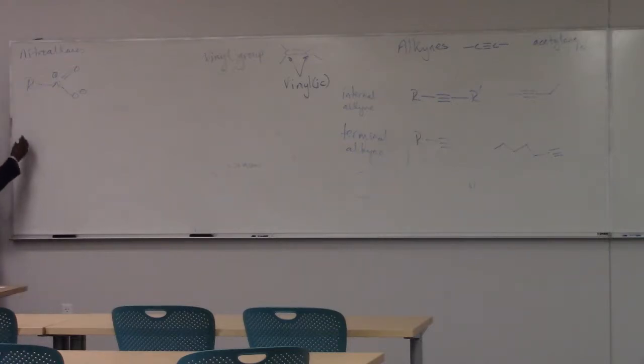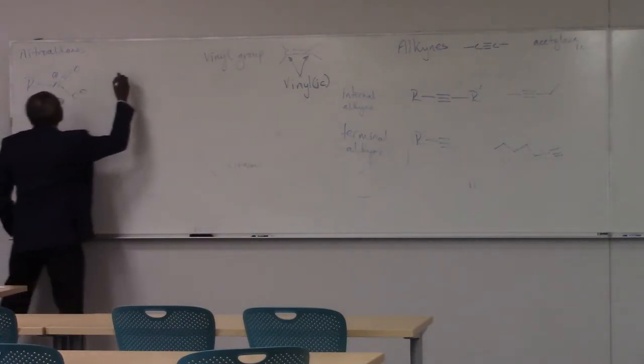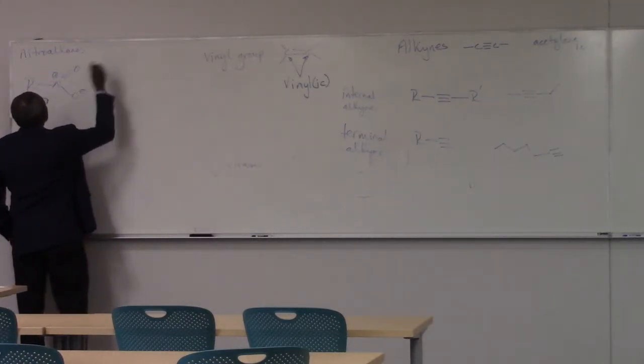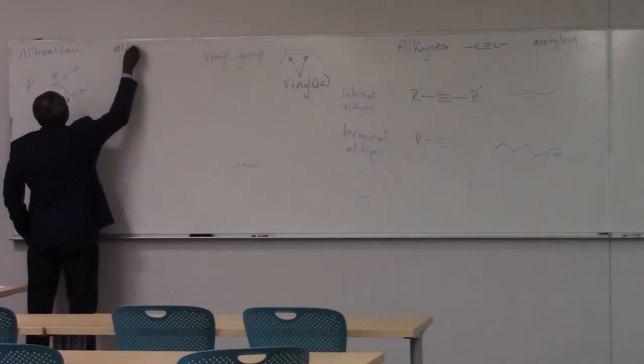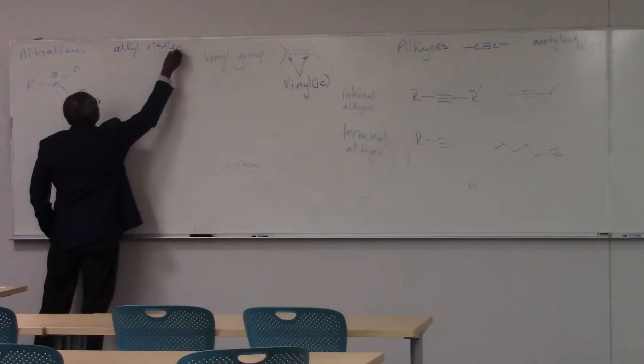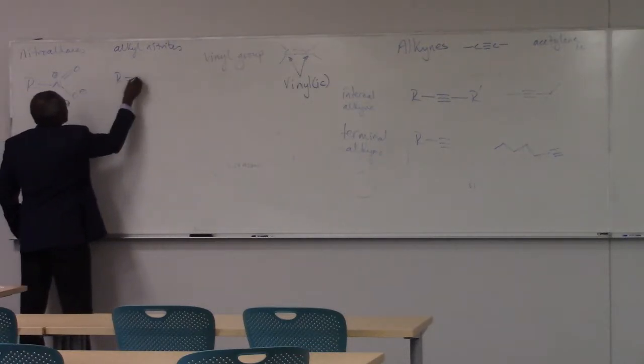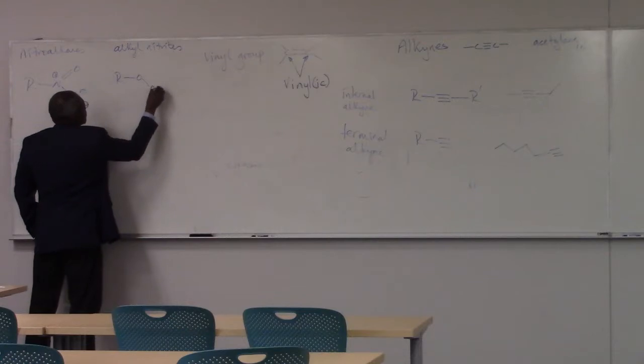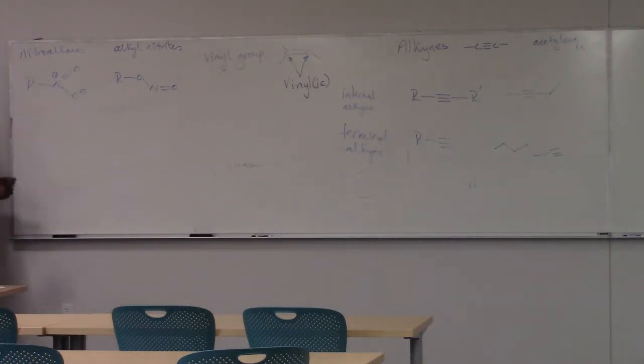We won't see this a lot in this class. We'll see a bit more in organic two, but even then there's a limit to how much of the chemistry of this we actually study. And while we're on it, we'll distinguish these from what are called alkyl nitrites, since I brought it up earlier, which are isomers of these, but have a different connectivity. So they're connected that way. And the chemistry of alkyl nitrites and nitro compounds are very different.